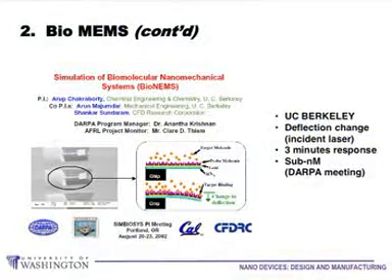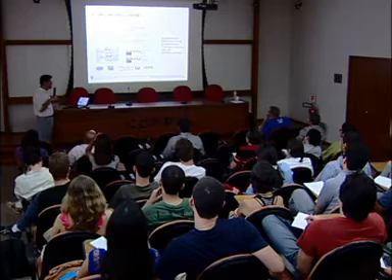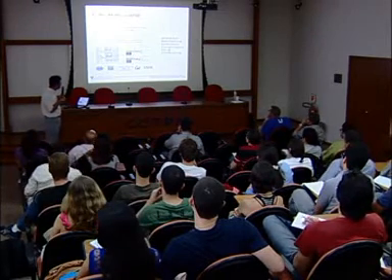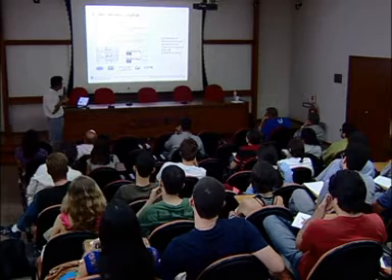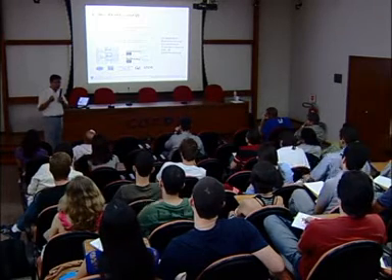And this one is also an innovation of idea. Okay, in MEMS technology, we have a small cantilever. Okay, and on the surface of this cantilever, probe molecules are bound. Okay? For example, antibodies.